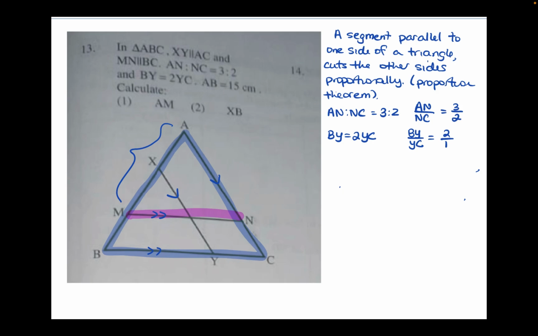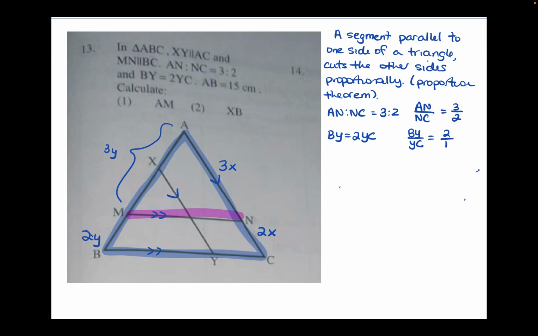We were told that AN is to NC as 3 is to 2, so we could call that, say, 3x and 2x. And we know that AB will also be in the same proportion, so we could call that, say, 3y and 2y. We don't use the same variable because they'll probably be different lengths.